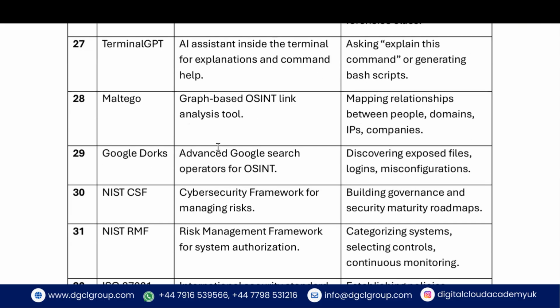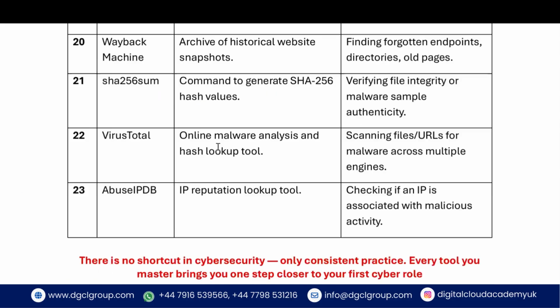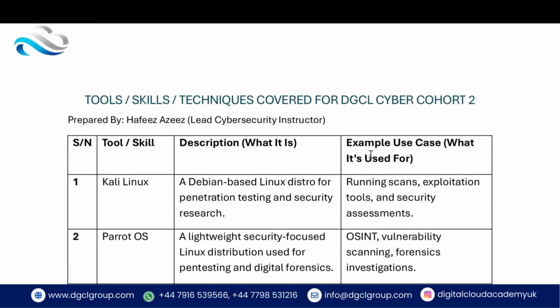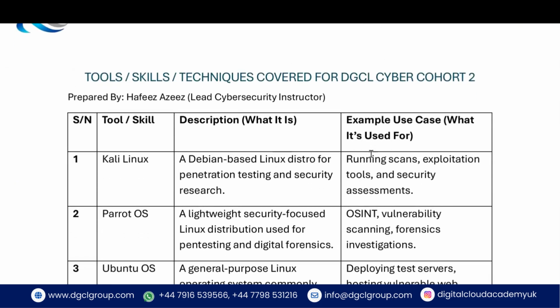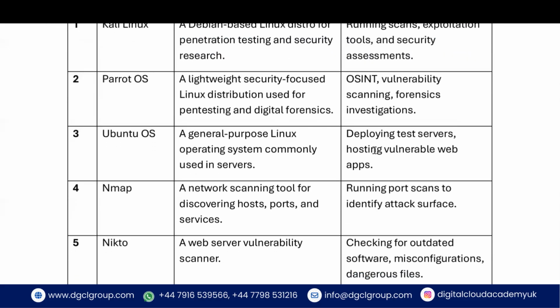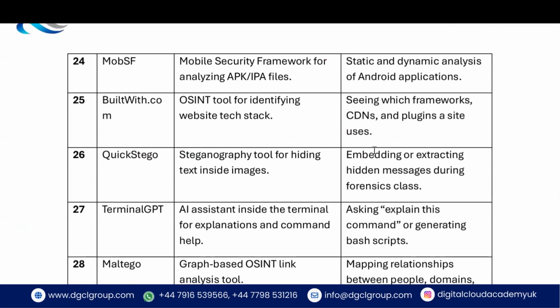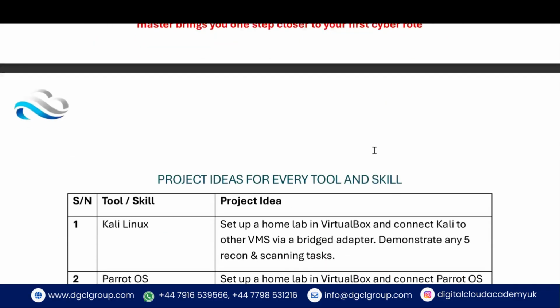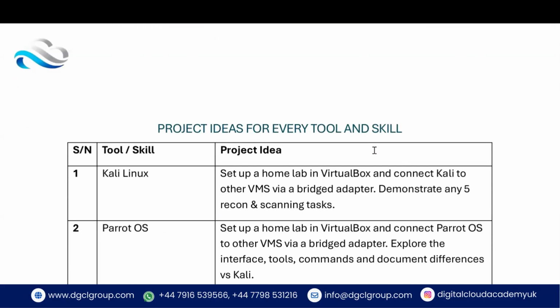So here you see what the tool is used for, and an example use case of what you can use the tool to do. Then at the end of the list of tools we looked at, I created project ideas for every tool.